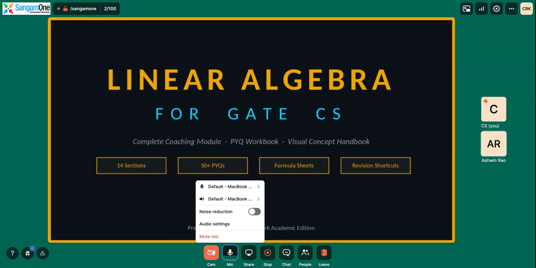Vector is like, we put an arrow mark on it. Okay, proceed please. I will share it in the PYQs, where you can correctly understand. Okay, fine.